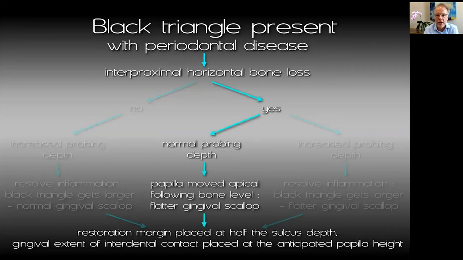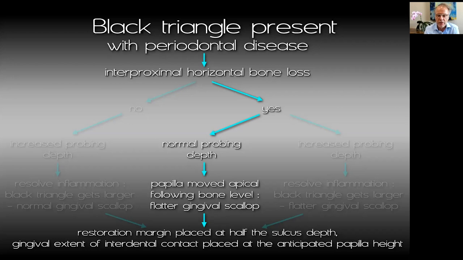Now if I have interproximal bone loss, we have normal probing. That means the papilla moved apically to follow the bone loss. We have a flatter gingival scallop. In the same concept, the restoration margin is placed half the depth of the sulcus. That is the key to everything I'll talk about: knowing sulcus depth and never prepping deeper than half the measured depth.